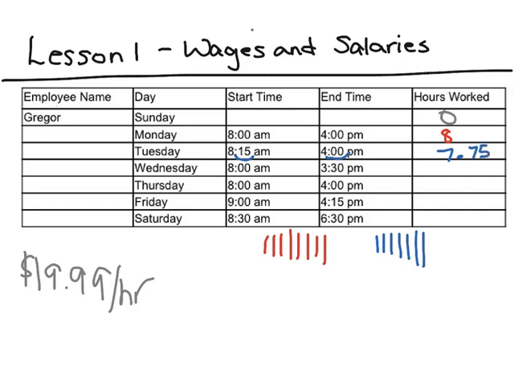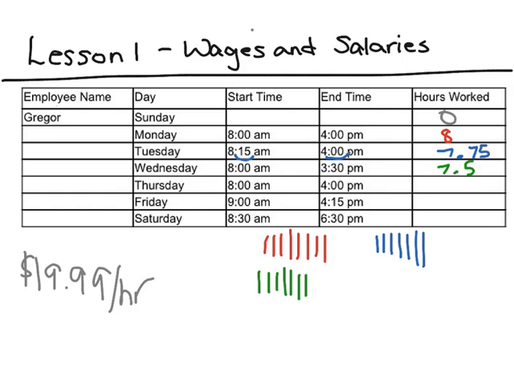So this shift he worked 7.75. Wednesday he worked from 8 to 9 to 10 to 11 to 12 to 1 to 2 to 3. So 1, 2, 3, 4, 5, 6, 7 hours. Sorry, that one should be 7 hours. And then from 3 to 3:30 is another 0.5.